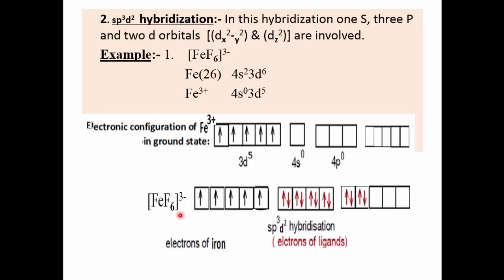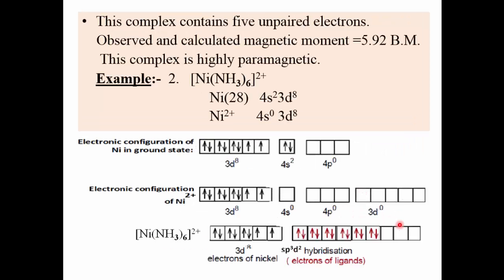There is formation of coordinate covalent bonds between ligand and ion. So this complex contains 5 unpaired electrons. It is highly paramagnetic. The observed and calculated magnetic moment is 5.92, and the complex is called a highly paramagnetic compound.